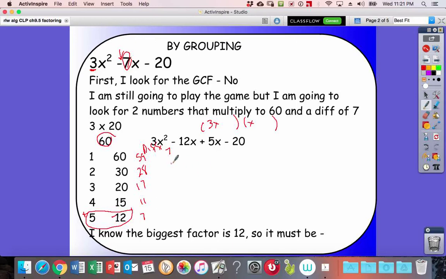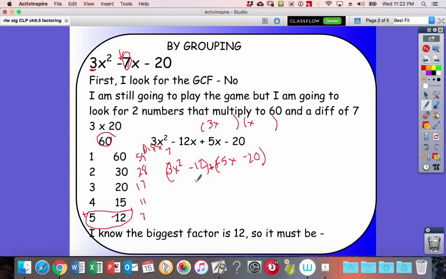So what I'm going to do is something called grouping. I'm going to take 3x squared minus 12x plus 5x minus 20, and notice I'm going to put parentheses around each one and just add them. I didn't change anything here. I just put the parentheses around them.